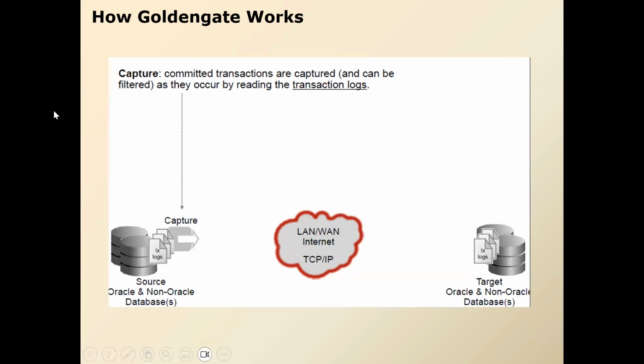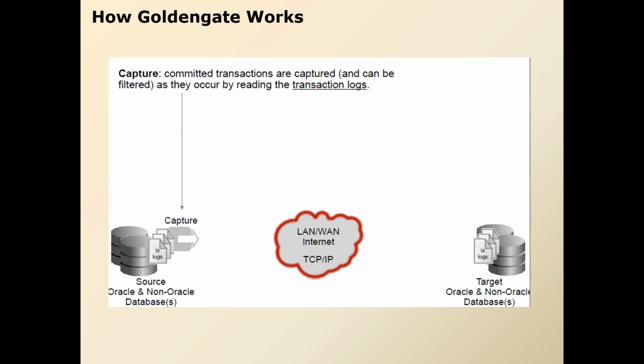The GoldenGate extract or capture process reads the transaction logs and captures only committed transactions. This is very important: your transaction logs contain committed as well as uncommitted transactions, however GoldenGate captures only committed transactions.